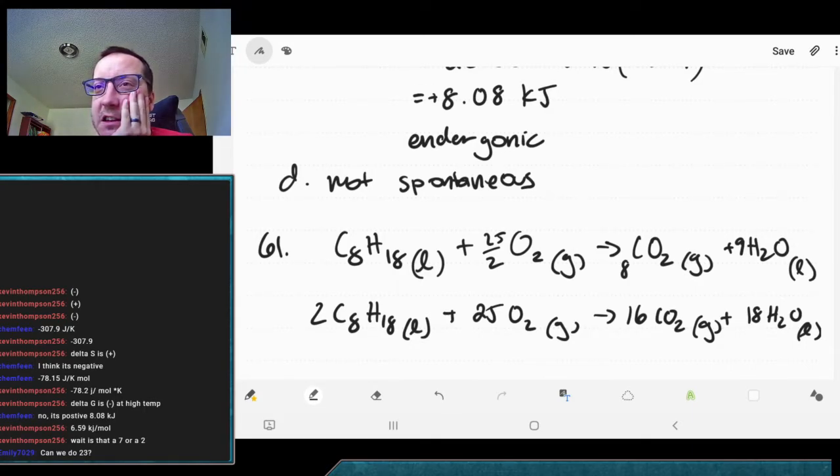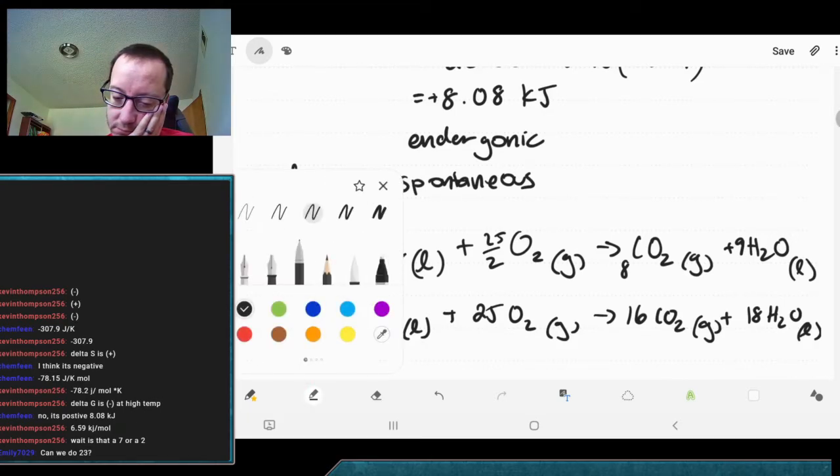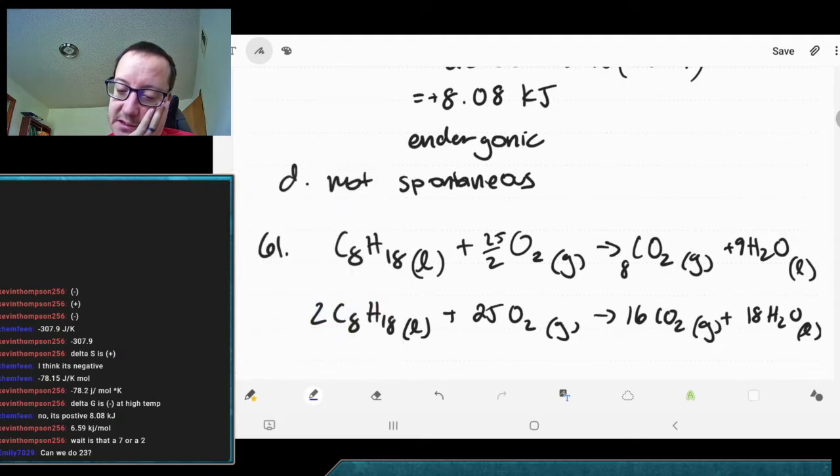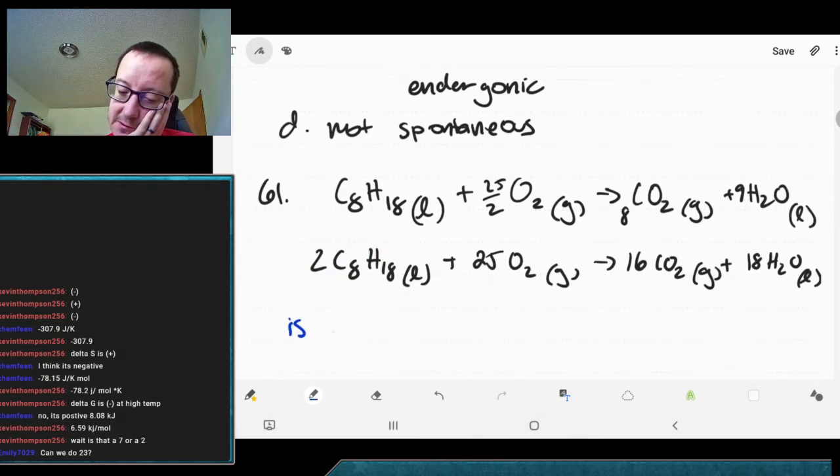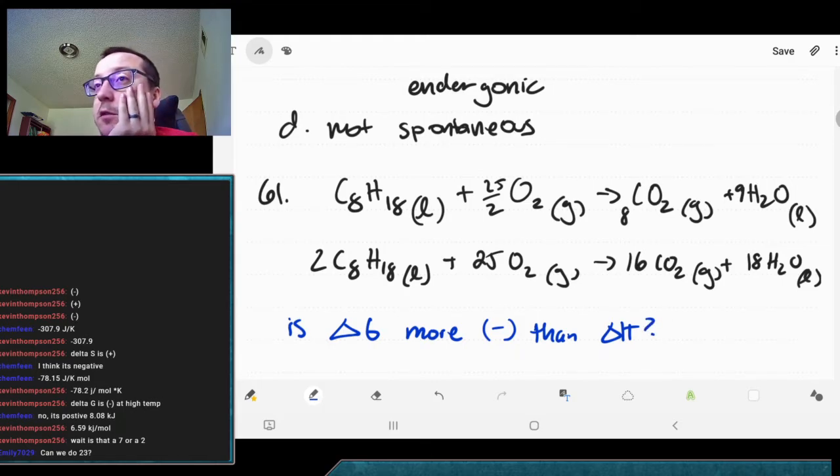But let's go ahead and see here. So with that, let's try and predict what's going to happen. It's asking us to predict whether delta G is more negative than delta H for this one. So that question is essentially asking us what's happening with entropy, right?